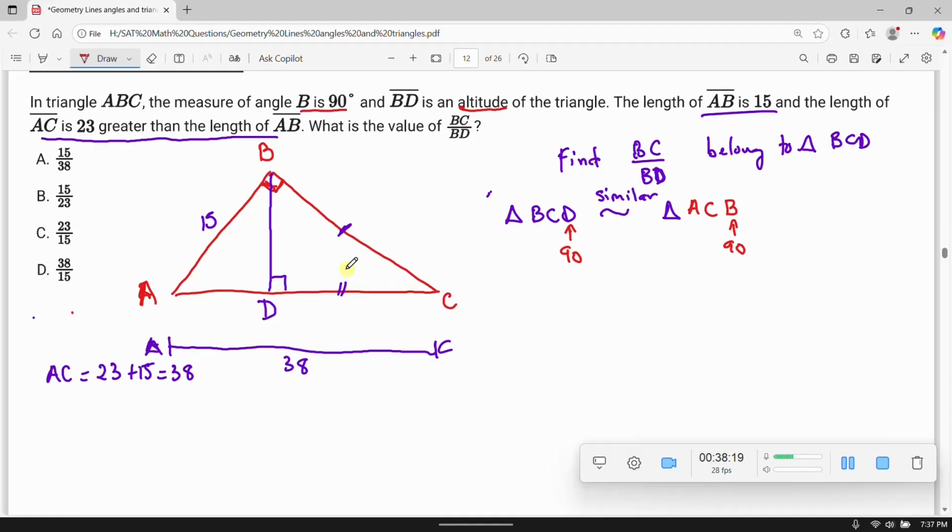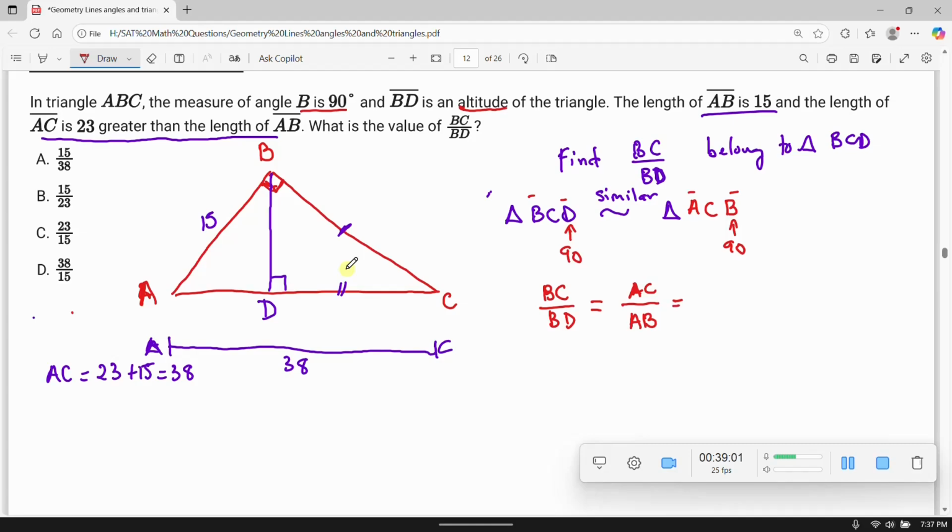So now, if they are similar, we can write the ratio. So we would have the length BC over BD be the same as, for BC, the first two letters, which is AC, and for BD, the first and the last, which are AB.